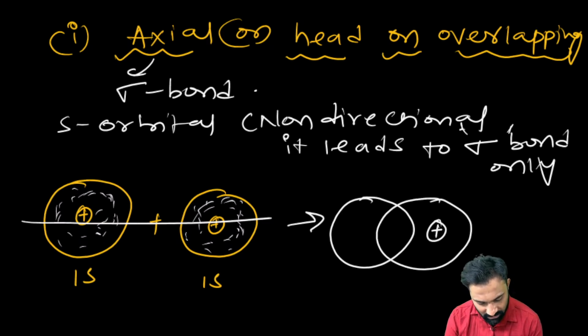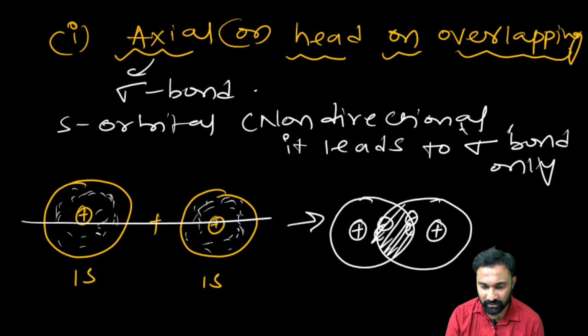This is the 1s orbital nucleus and this is the other 1s orbital nucleus, with an electron in each. This region we call the overlapping region. In this overlapping region, the electron cloud is distributed in between these two nuclei.